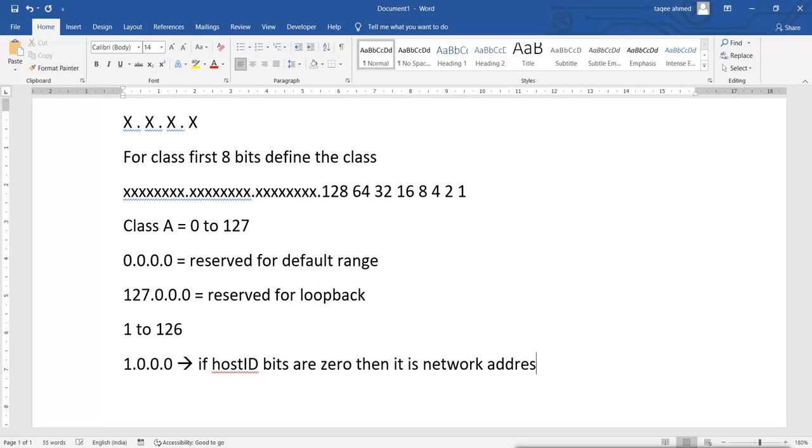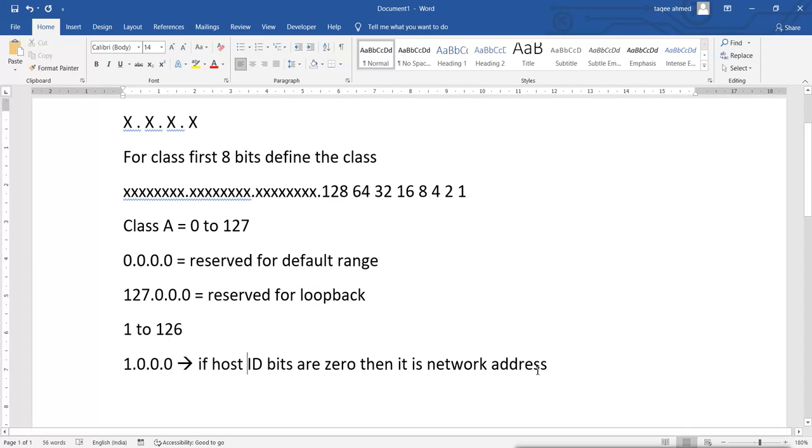Network address. Now why am I saying this? Because this network address you cannot use on any machine. That means if you try to give this IP to any system, that system will not accept this IP. It will not work for that machine. So you have to leave this IP. It is called the network address, so you cannot use this.